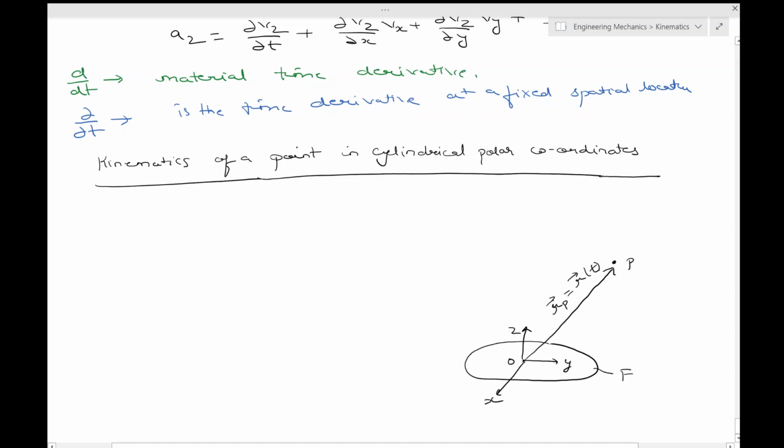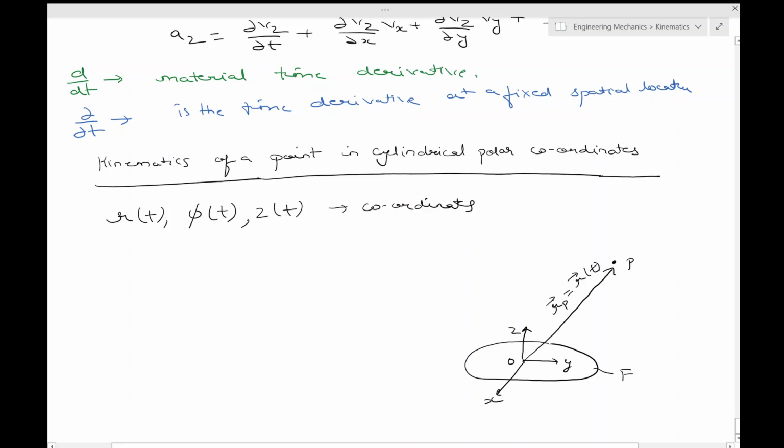So this is what we have in the Cartesian system. Now in the polar coordinates we have r of t, phi of t and z of t as the coordinates of a moving point.